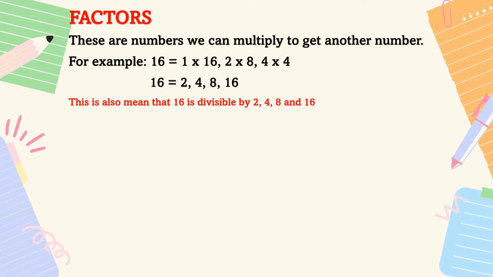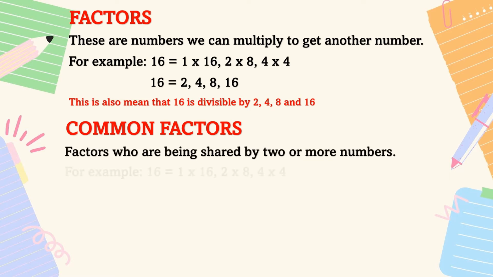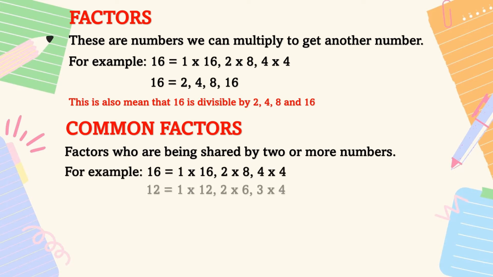Now let's have the common factors. Factors that are shared by 2 or more numbers are called common factors. For example, let's have the numbers 16 and 12. 16 can be a product of 1 times 16, 2 times 8, and 4 times 4, while 12 can be a product of 1 times 12, 2 times 6, and 3 times 4.